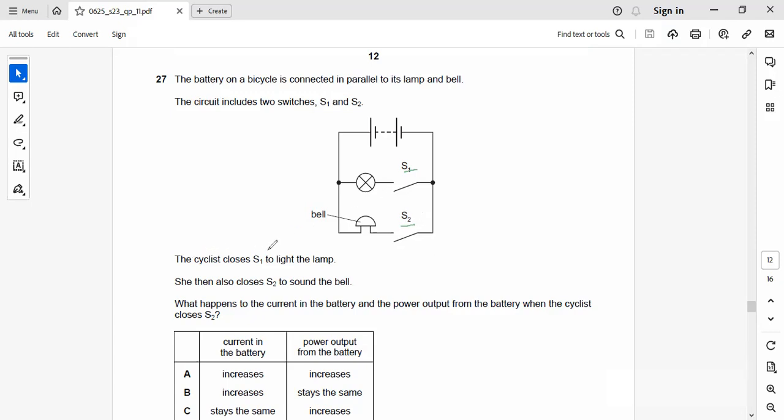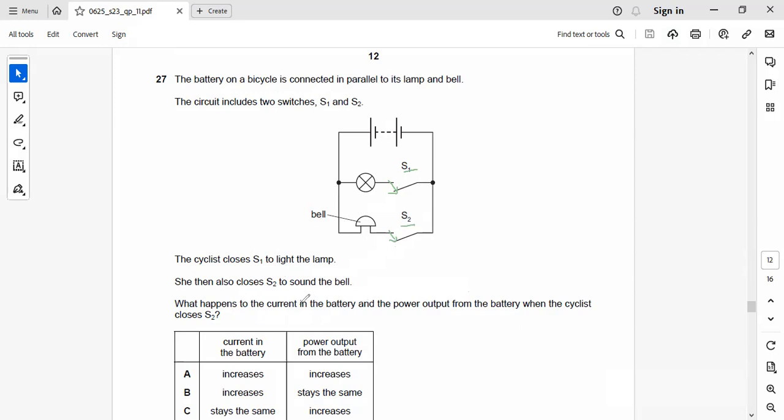The cyclist closes S1 to light the lamp. She then also closes S2 to sound the bell. What happens to the current in the battery and power output from the battery when the cyclist closes S2?